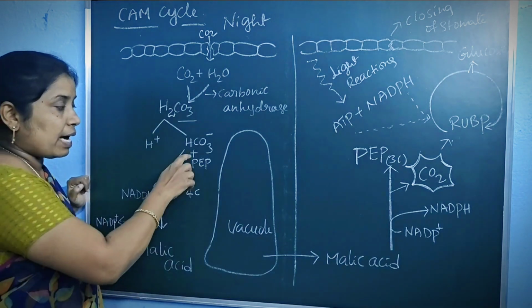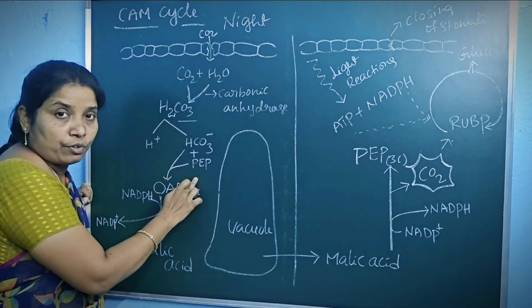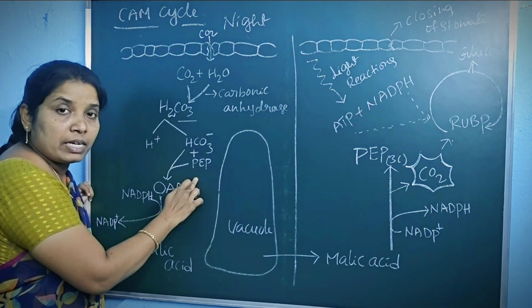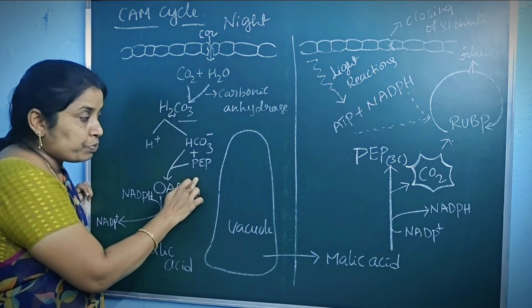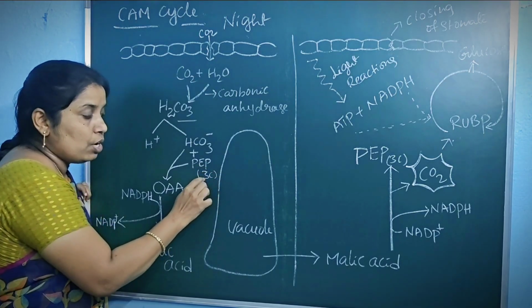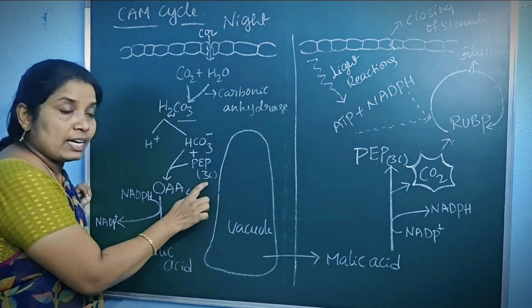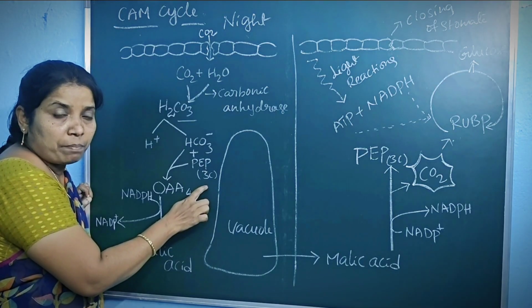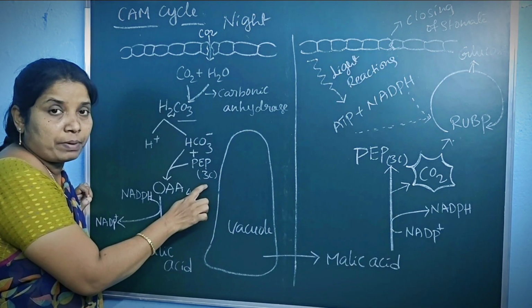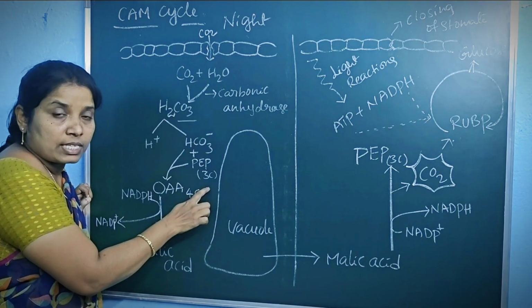These bicarbonate ions are accepted by phosphoenol pyruvic acid, which is the primary acceptor of CO2. Phosphoenol pyruvic acid is a 3-carbon compound which accepts bicarbonate ions in the presence of the enzyme PEP carboxylase, phosphoenol pyruvic acid carboxylase.